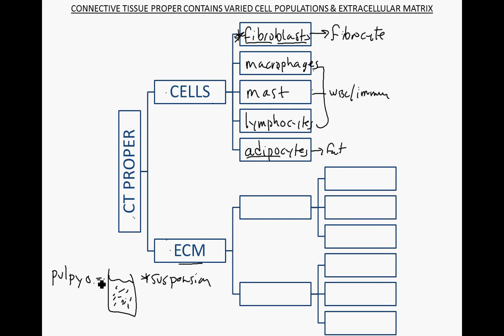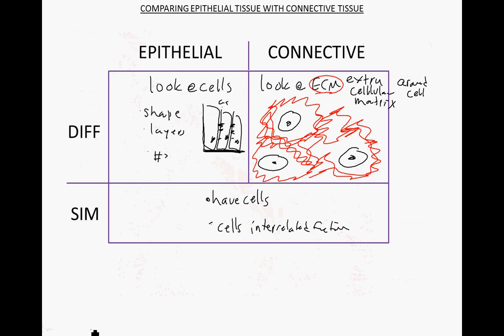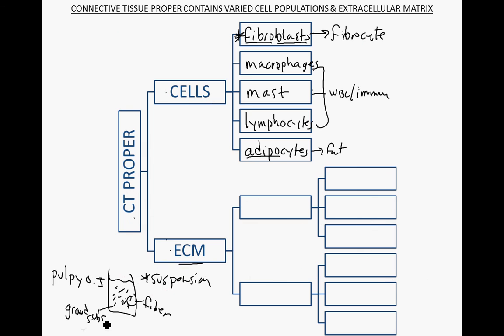So pulpy orange juice. Now, the pulp is going to be the fiber, and the juice part is going to be what's known as the ground substance. So this extracellular matrix is a suspension, and it's made of two things, right? It is made of the ground substance, and it's made of fibers. Okay.